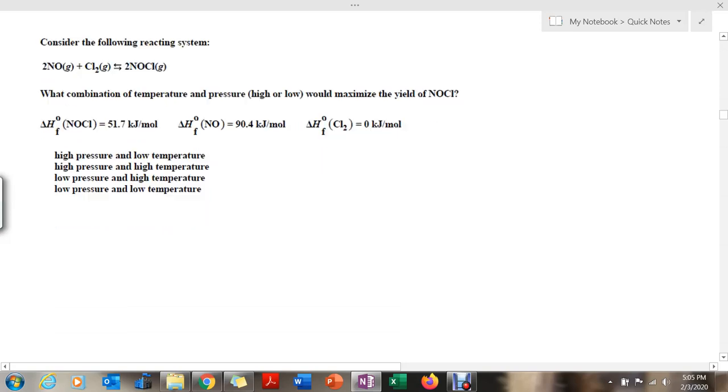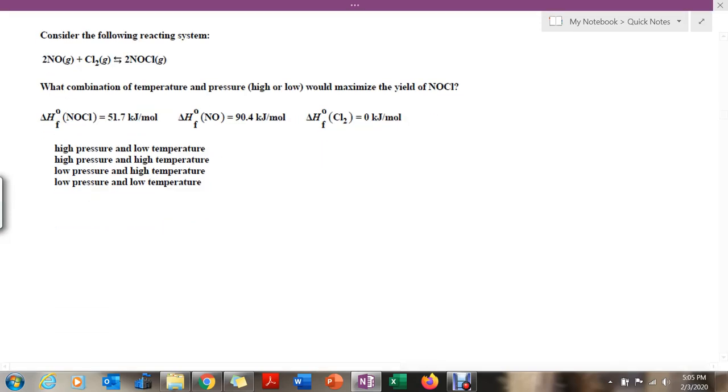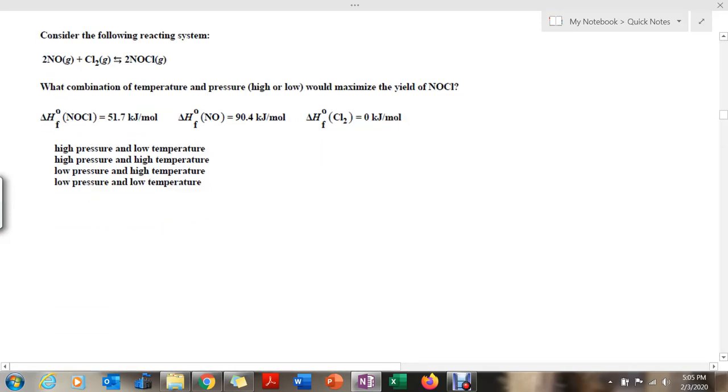Okay, we have considered the following reaction system, and it's 2NO plus Cl2 in equilibrium with 2NOCl. What combination of temperature and pressure, high or low, would maximize the yield of the NOCl, the product? Now, why are they giving me the enthalpy of formation?